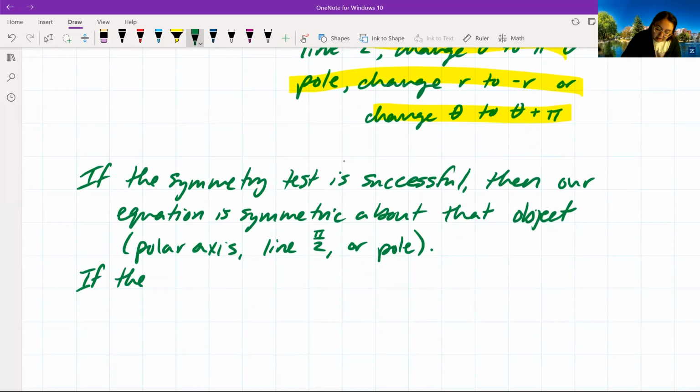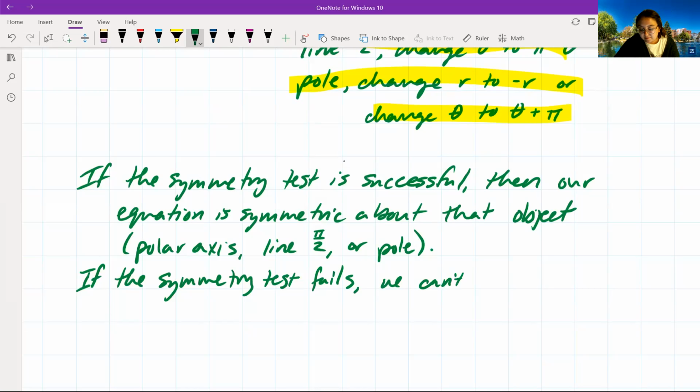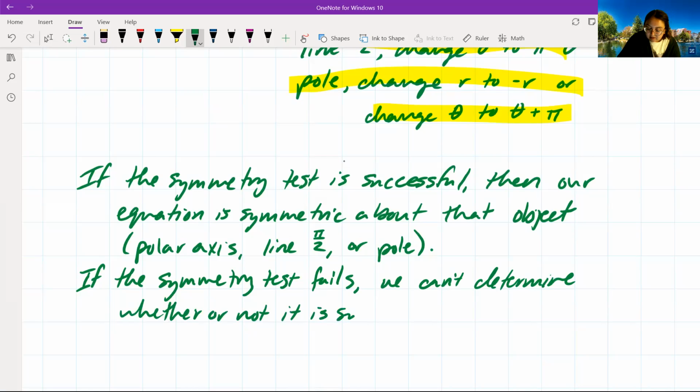If the symmetry test fails, then we can't determine whether or not it is symmetric, which means it's going to be inconclusive.